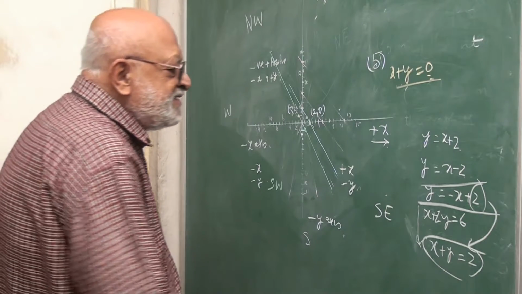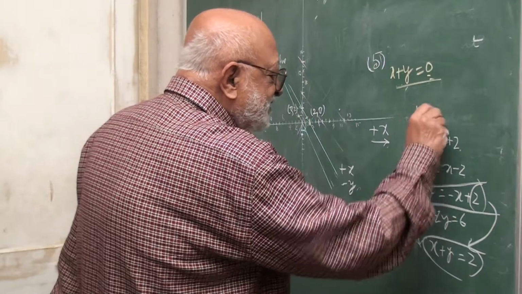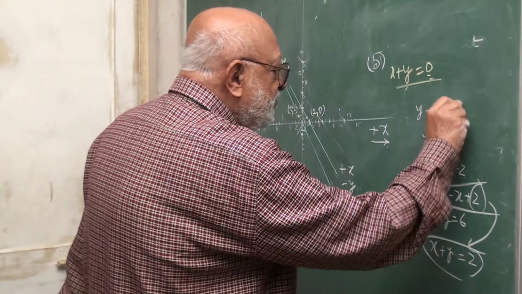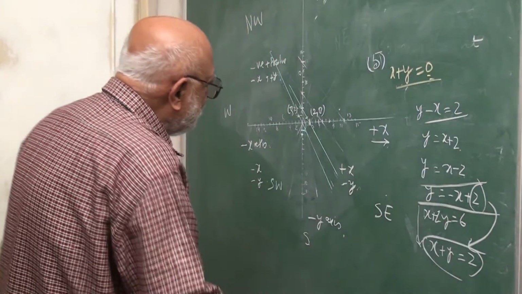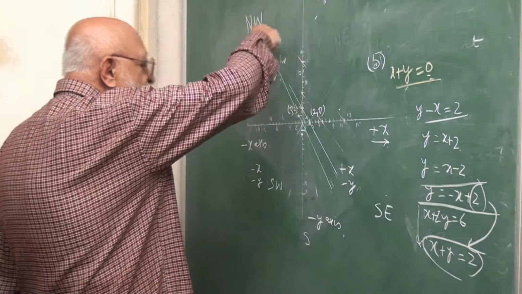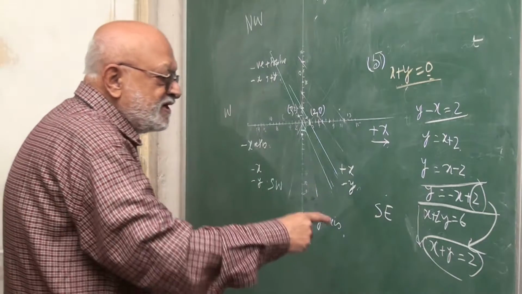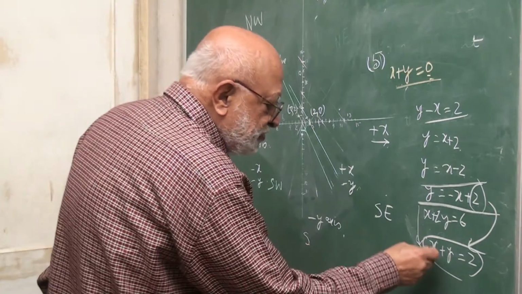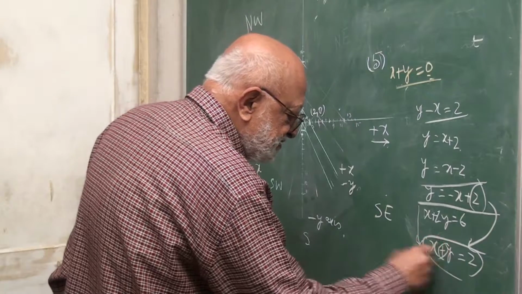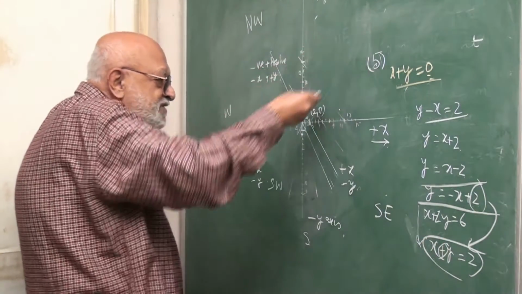So it cannot be y minus x equal to 2. Why? Because look at the graph. The graph is pointing towards northwest and east-west. If this is formed on the east-west, this sign should always be plus. If it was negative, it would have gone in this direction.